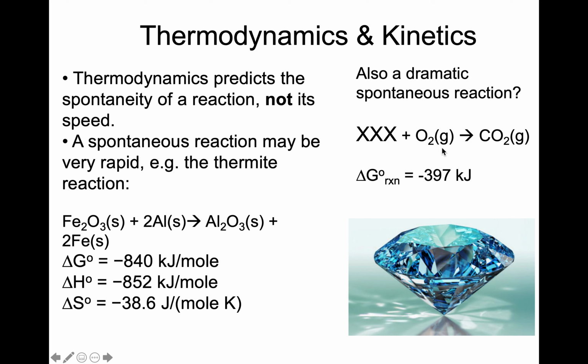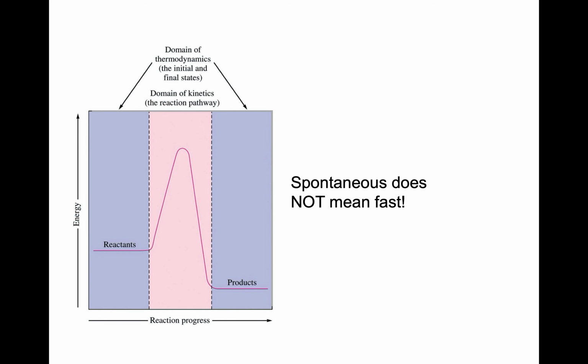Have we ever seen that take place? Well, it's really favored in terms of the thermodynamics, but it's not something that we see occur. This idea that something can be spontaneous doesn't mean it's going to be fast. It doesn't mean that it rapidly occurs.